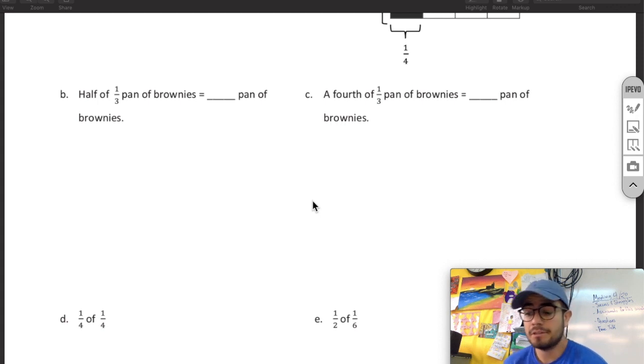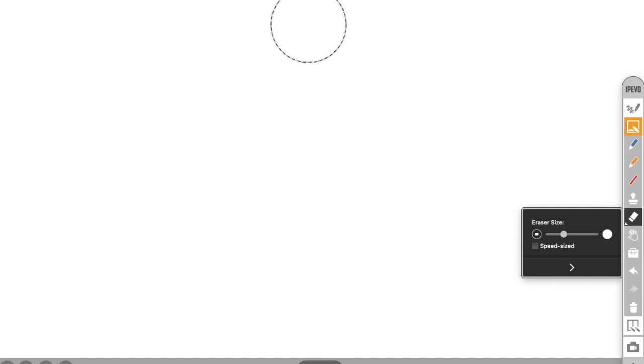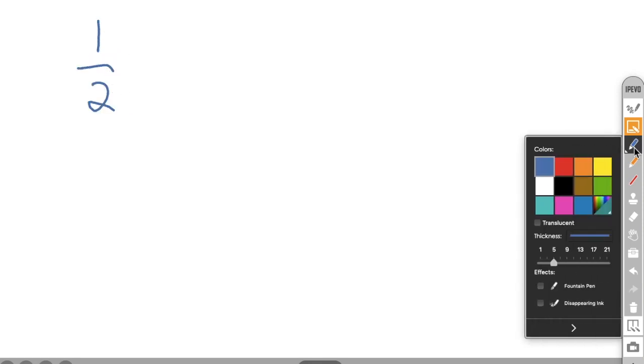We all love brownies. So imagine we have a whole pan, then we're going to take a look at 1/3 and then half of that third, okay? So in order to do this, I'm going to pull up my handy dandy whiteboard, and I have 1/2 of 1/3 of brownies.